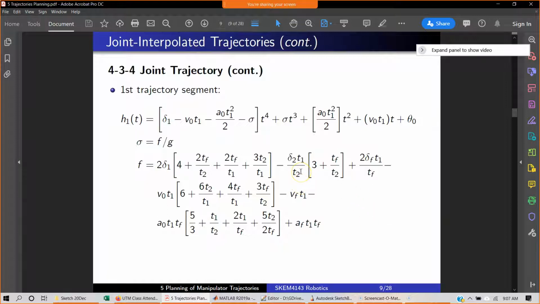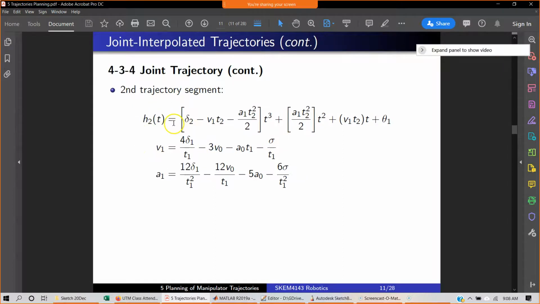Later we will try to compute this, and it may seem a bit daunting because the equations are long, but as you will see, because our initial acceleration, velocity and final acceleration, velocity are 0, you can cancel out many of these terms and do this computation quite fast. So don't worry.